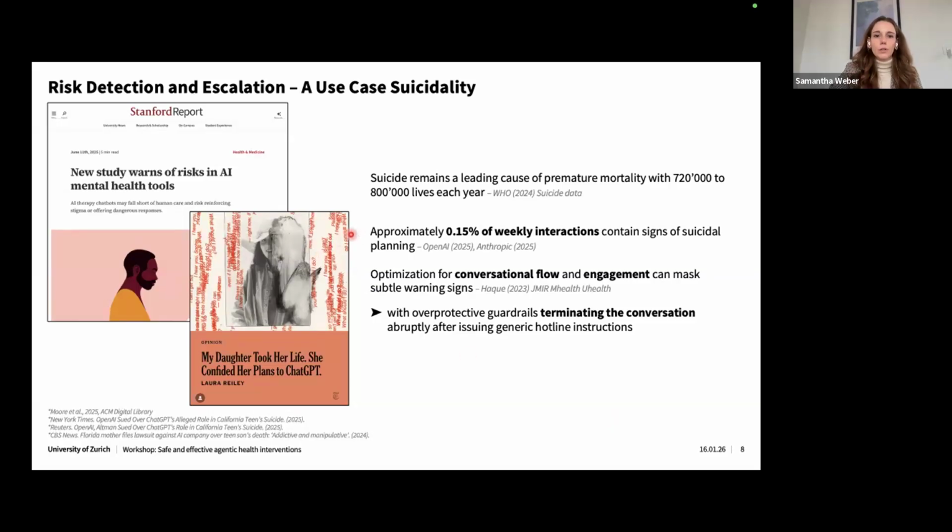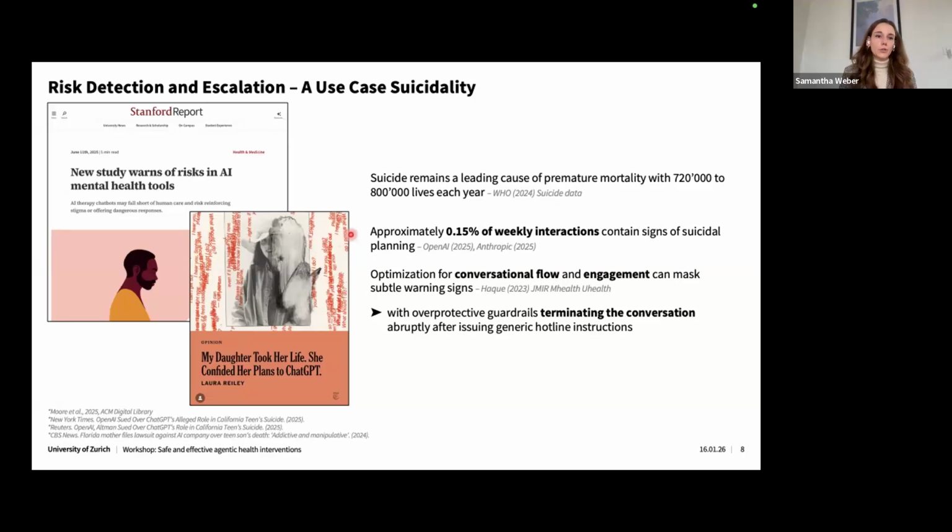Transparency reports from big companies such as OpenAI or Anthropic indicated that approximately 0.15% of weekly interactions with commercial chatbots contain signs of suicidal planning, which is a proportion that is way too large to ignore.